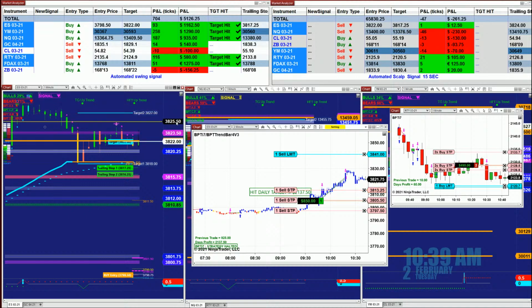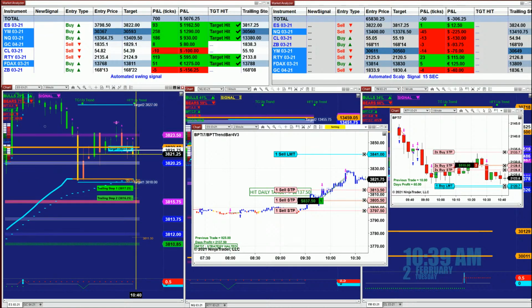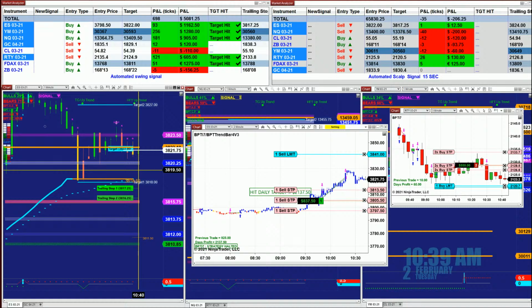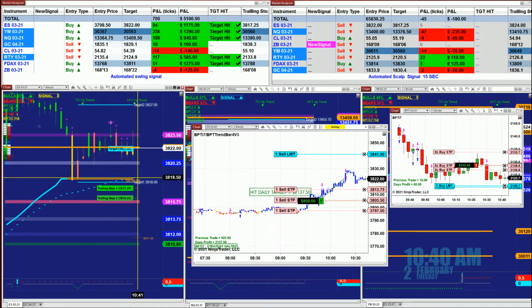What is holding the ES, I can tell you, is a support area for the ES at 38.1825. So if we have a drop, this is the re-entry point on the ES. If you want to follow that, it has to be on SIM. I'm not responsible for your trade.